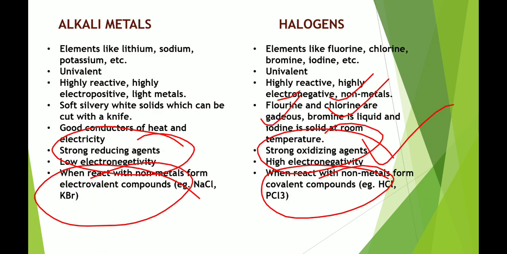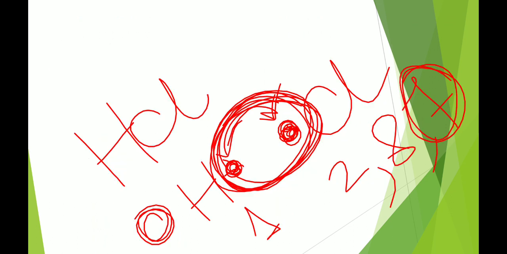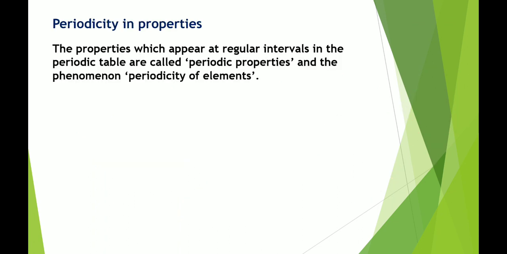Now, this is all about the alkali metals and halogens, right? Next comes, what is the periodicity in properties? The properties which appear at regular intervals in the periodic table are called periodic properties, and the phenomenon is known as periodicity of elements.